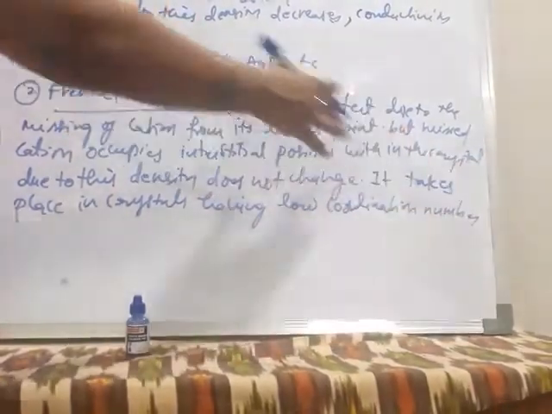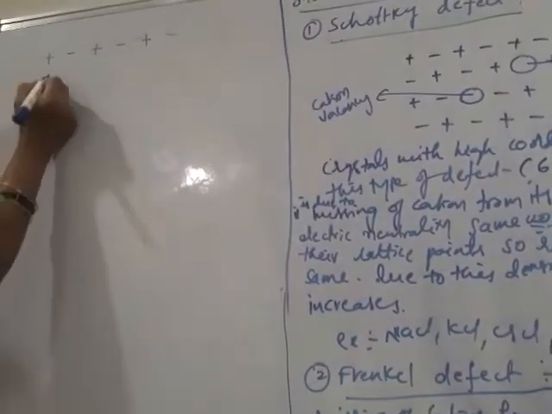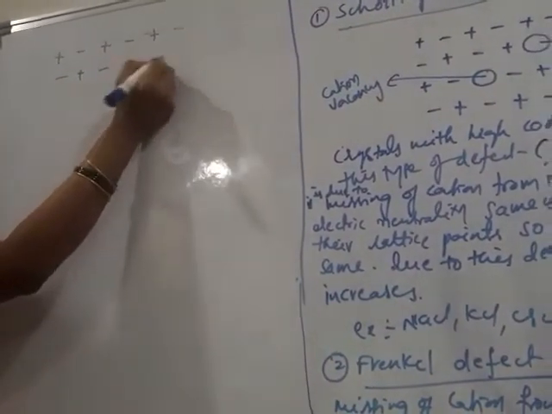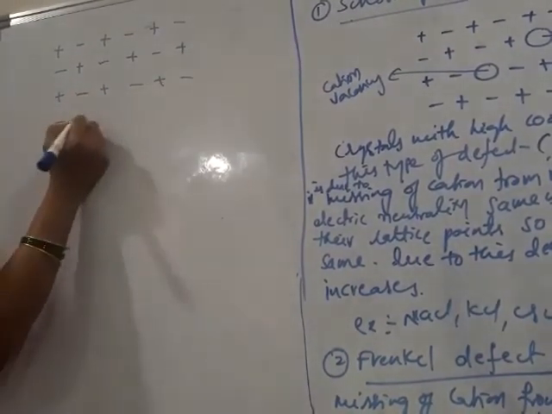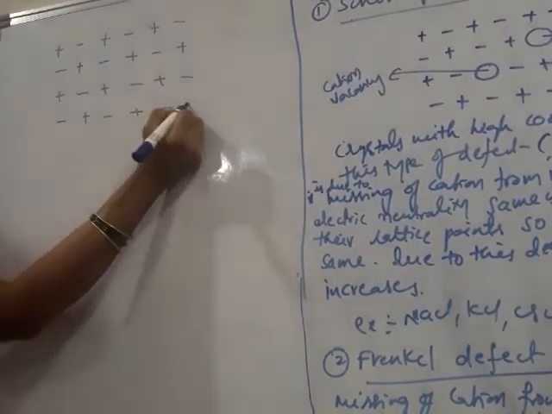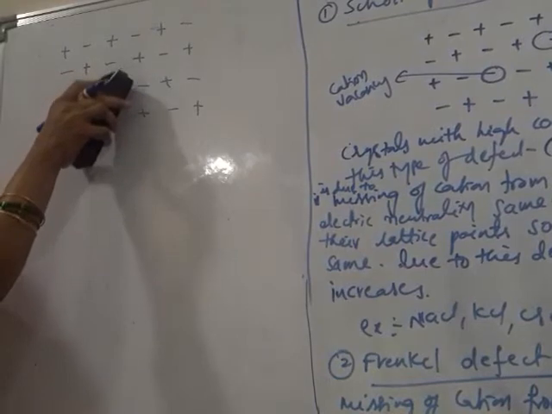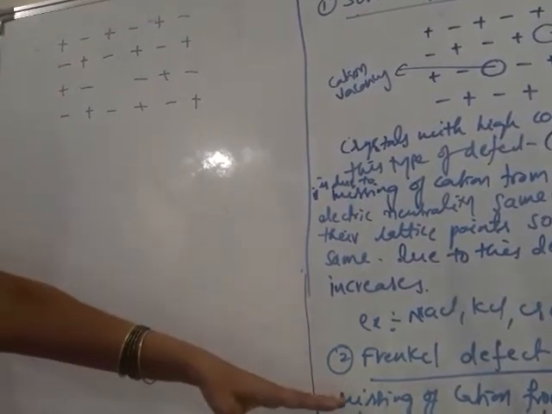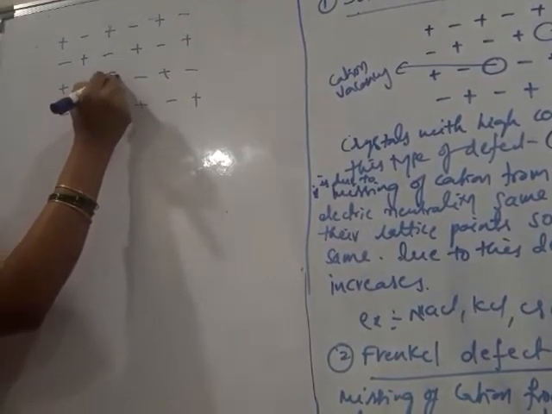Then coming to Frenkel defect. It is due to the missing of cation from its lattice point. So this is a crystal lattice. If a Frenkel defect takes place in this crystal, it is due to missing of cation from its lattice point. So this is the cation position.